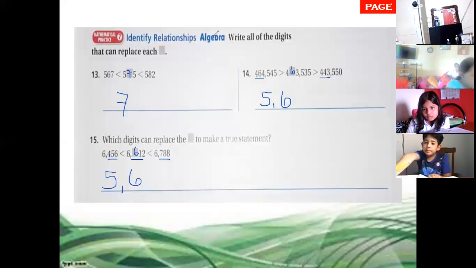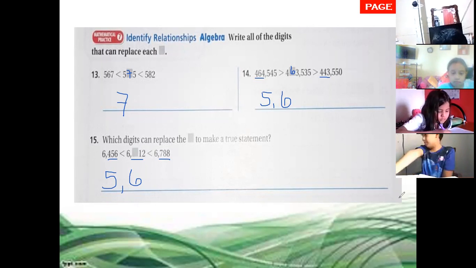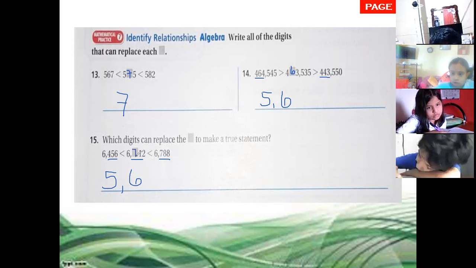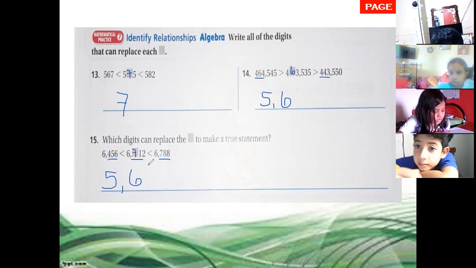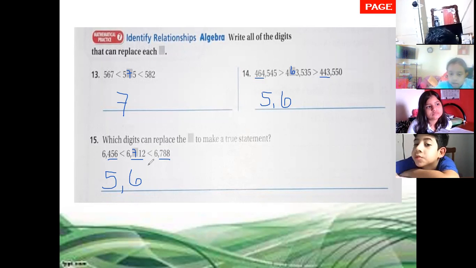Let's try with 7. What about 7? 456 is less than 712. Yes, that's correct. And 712 is less than 788?